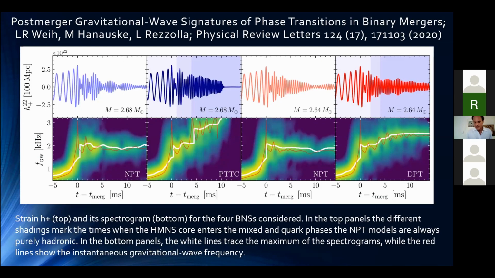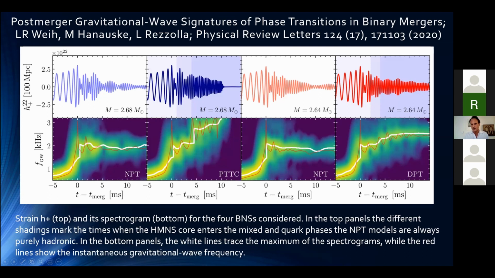So the main thing is how we can detect such a phase transition. This is a really good thing. The simulation I showed you is this here. Here we have the emitted gravitational waves without a phase transition, and here we have the emitted gravitational waves with a phase transition.